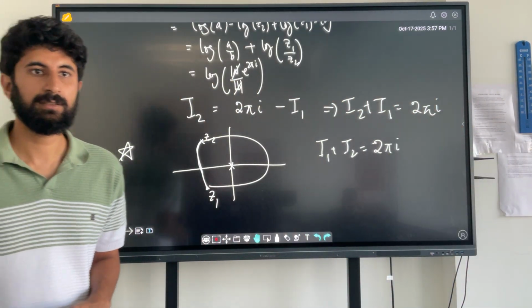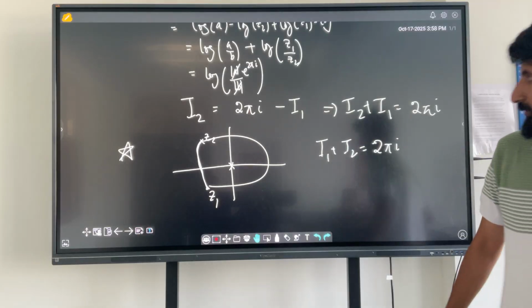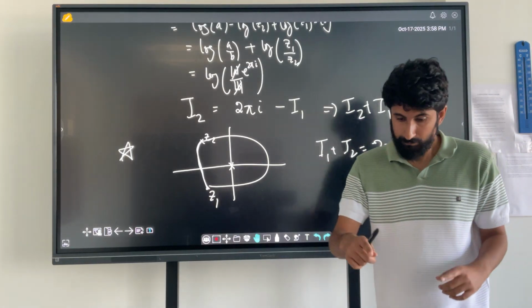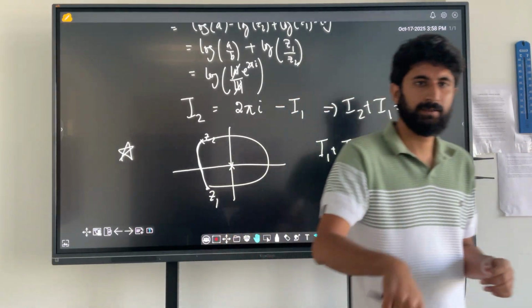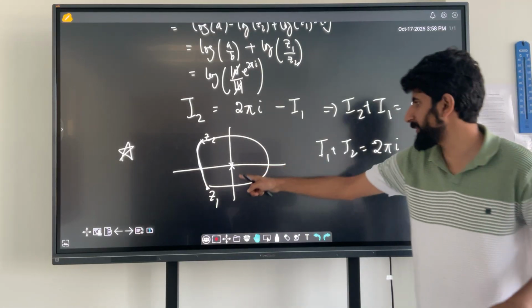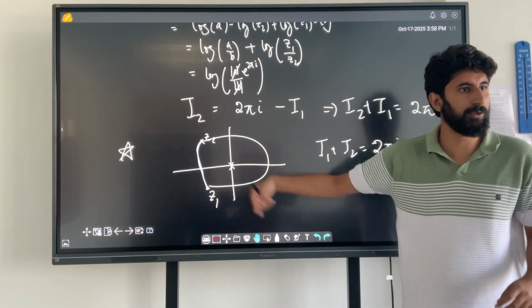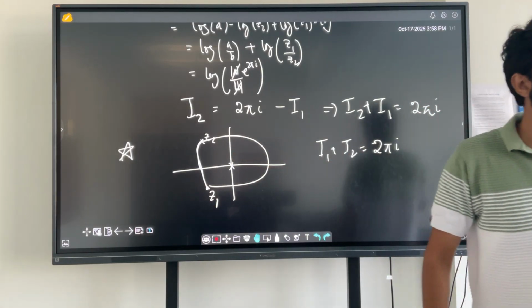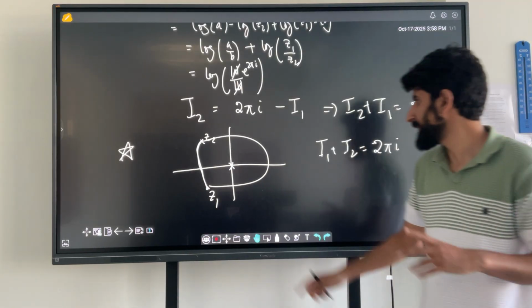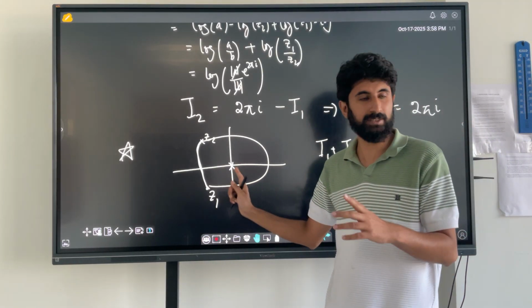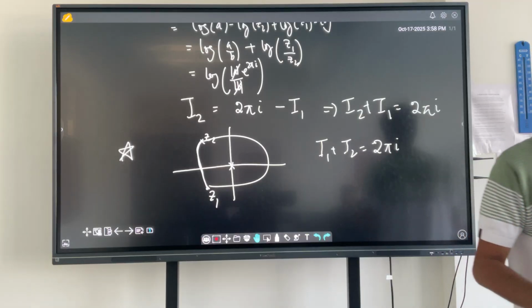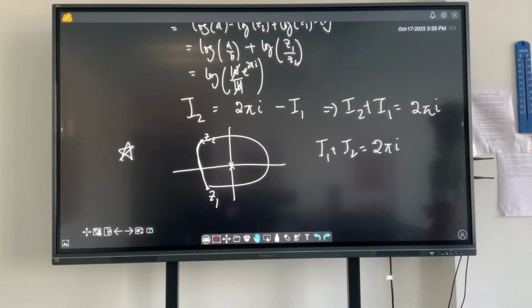For now, the take-home message is that when you are doing these open contour integrals in the presence of a singularity, a point where the function is non-analytic, ask how you are measuring your arguments.